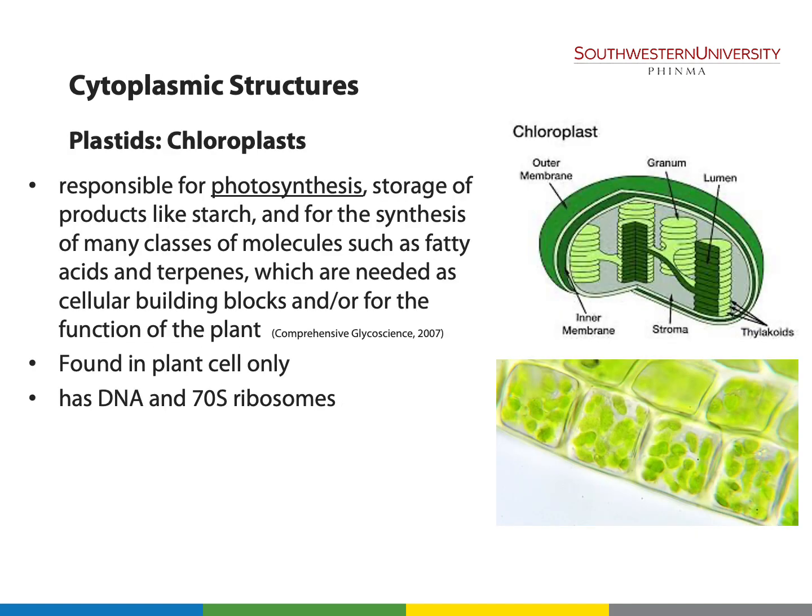Another cytoplasmic structure is your plastids. Your plastids are responsible for photosynthesis. Plastids, by the way, are only found in plants. They are storage for products like starch, and for synthesis of many classes of molecules such as fatty acids and terpenes, which are essentially needed as building blocks or for functional production in plants.